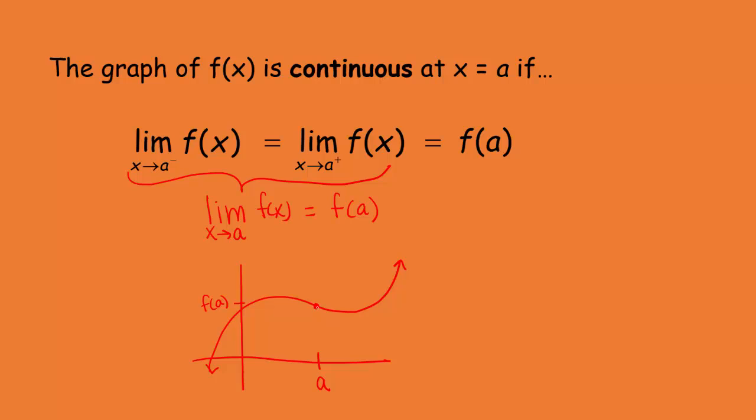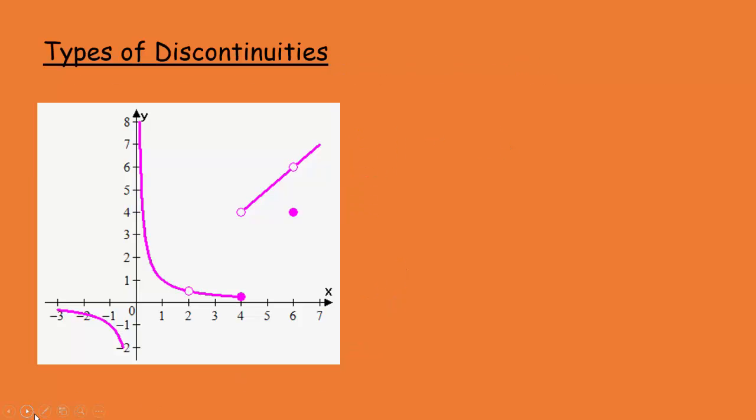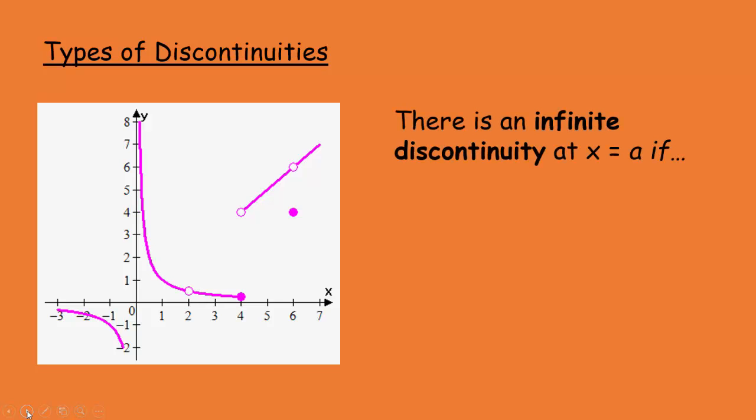So let's say that these conditions aren't satisfied. What happens? That's when you get a discontinuity. So the first type of discontinuity that we should talk about is one that you're very familiar with, and that is a vertical asymptote. We are actually going to call that an infinite discontinuity, and you're going to see why in a second.